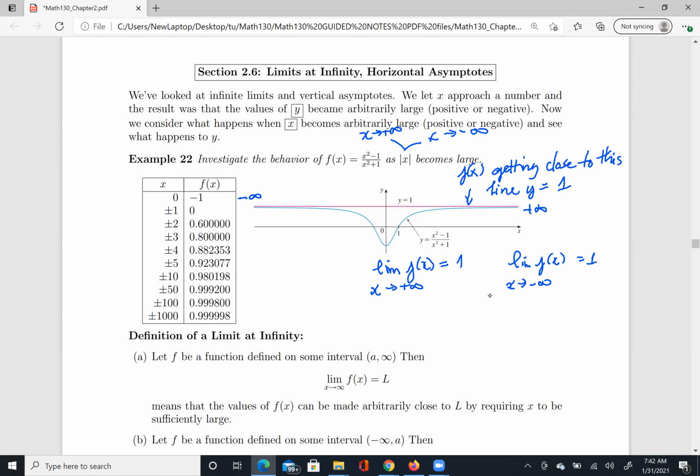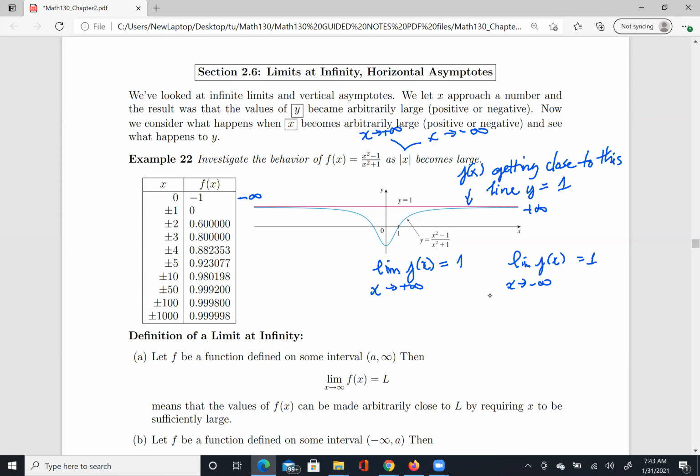That shows you how the behavior of f(x) is going to go. As x goes from 0, you get -1, and for x equal to positive or negative 1, both give you 0. This is like an even function, because both negative and positive x give you the same value of y. Positive and negative 2 will give you 0.6.